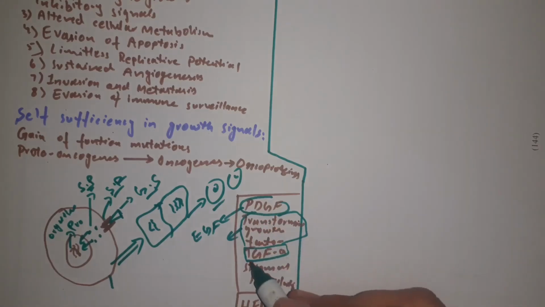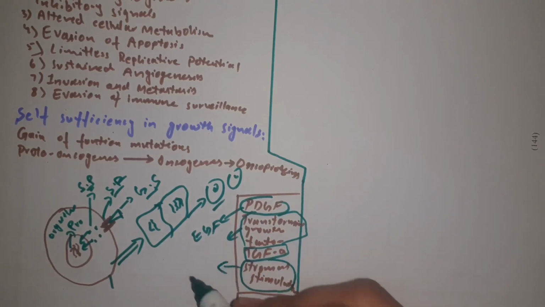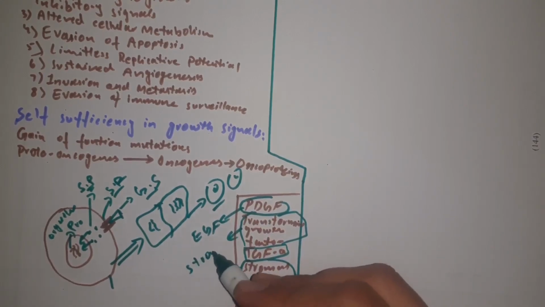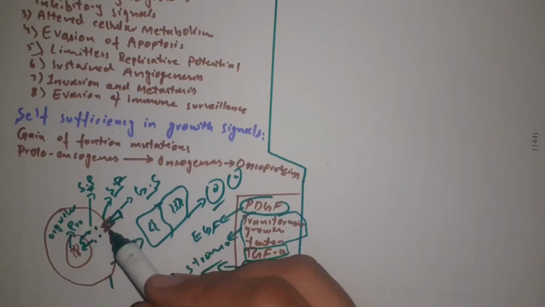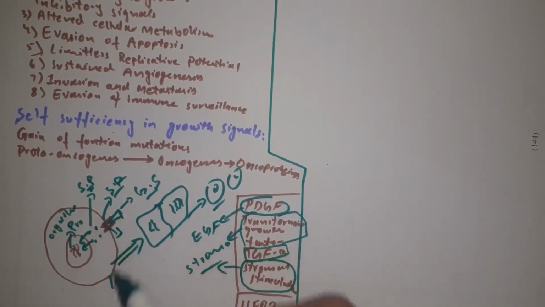However, if it does not synthesize it on its own, it reacts with the stroma in such a way that it stimulates the stroma to manufacture these growth factors, and in one way or other, either it begins to synthesize them on its own, or it stimulates the stroma to synthesize these growth factors, which in turn stimulate the cancer cell and lead to its growth. Moreover, it also upregulates its receptors.